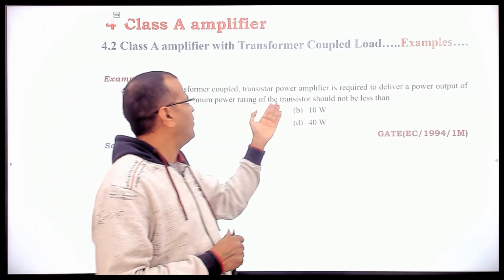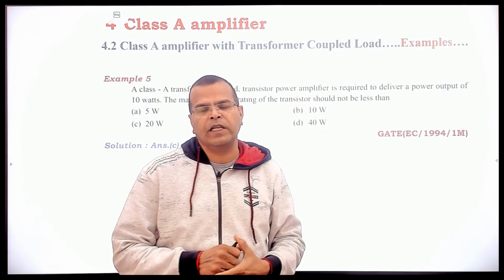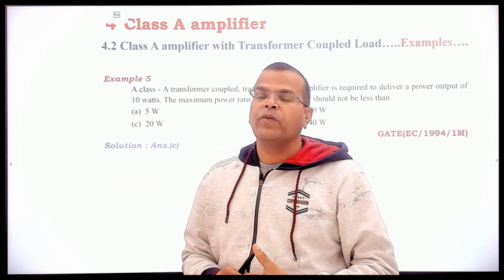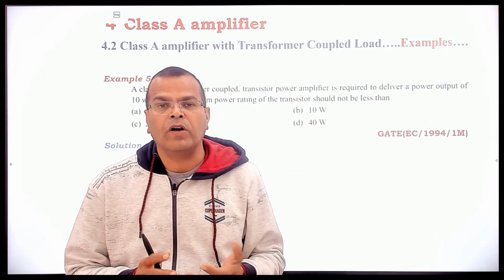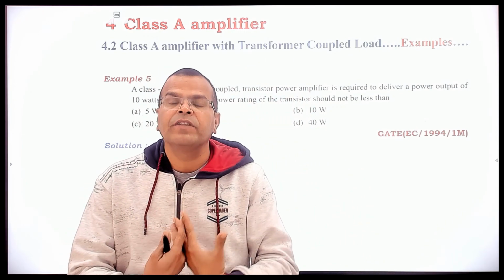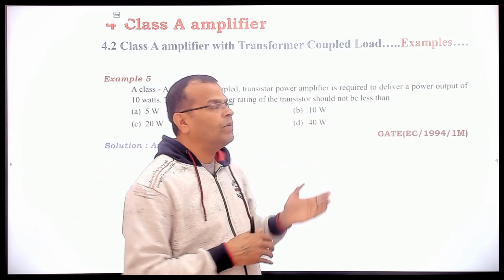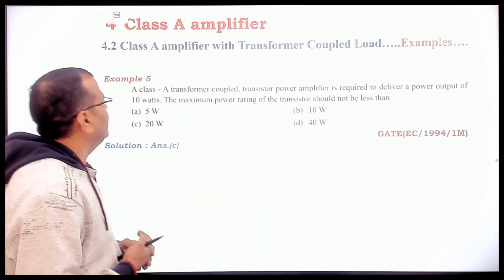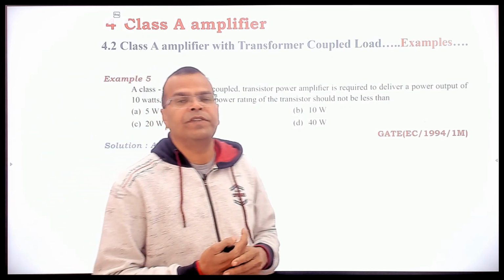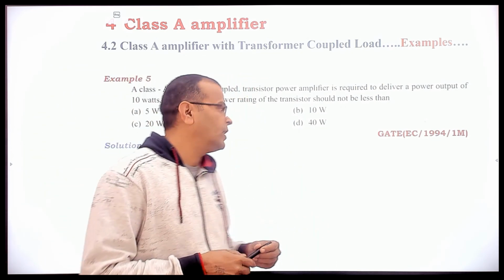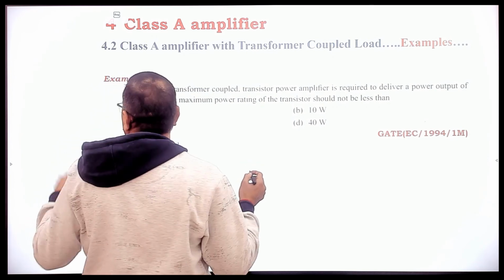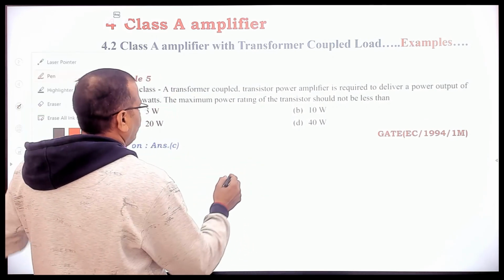The maximum power rating of the transistor should not be less than. If it is required to deliver power of 10 watt, the efficiency of the class A amplifier with the transformer coupling is how much? 50%. So if the efficiency is 50%, and output is 10 watts, we know the efficiency of an amplifier is what?